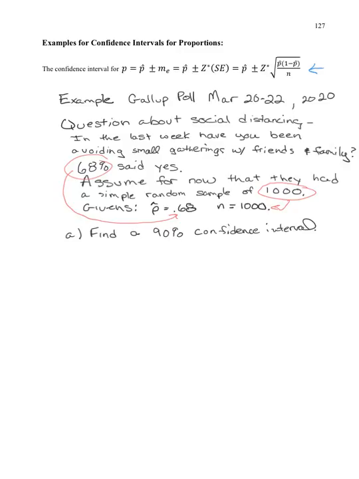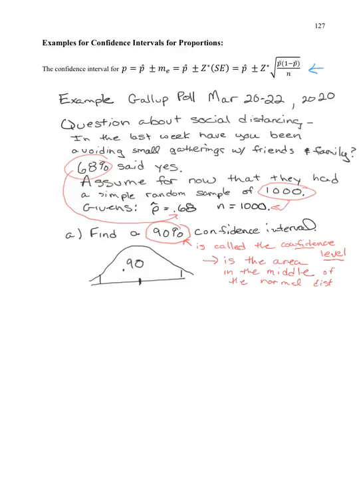Okay, so when we look up at our formula up here, we have our p hat, we have our n, and all we need is our z star, which we'll get from our normal distribution. This 90% is called the confidence level, and that is the area in the middle of the normal distribution.